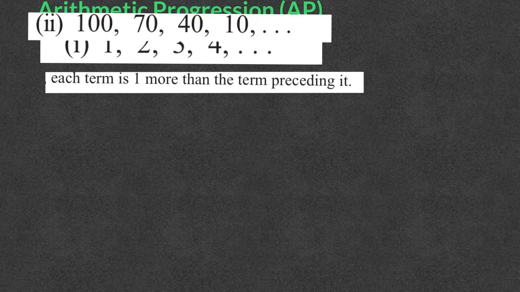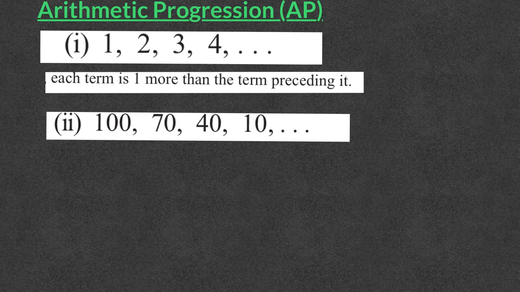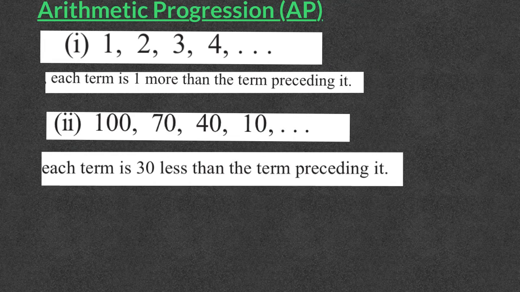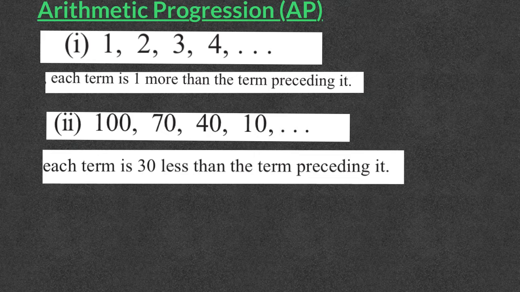Let's take another example. Consider this list of numbers now: 100, 70, 40, 10 and so on. What do you observe in this list? We see that each term is 30 less than the term preceding it. 70 is 30 less than 100. 40 is 30 less than 70. 10 is 30 less than 40.